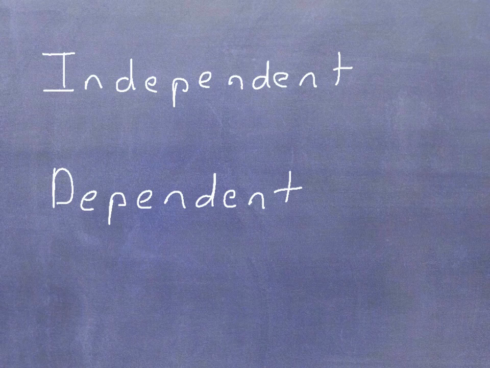When we talk about people that are independent or dependent, an independent person takes care of themselves. A dependent person needs help doing things. A child is dependent upon his or her family for food and shelter. An adult might be independent because they can do many things for themselves without someone else's help.